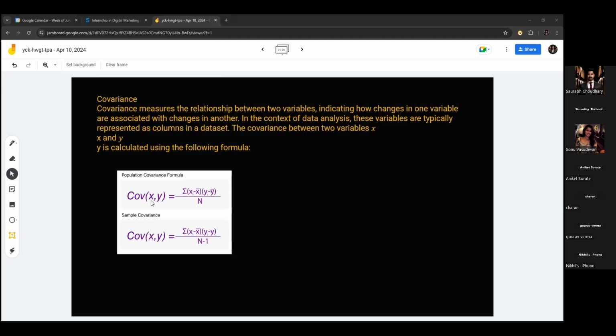So you can easily see here that in the covariance, in the population we are dividing by n, and in the sample we are dividing by n minus 1. What is the reason behind it? Do you know?